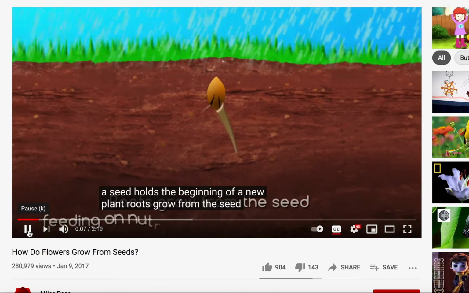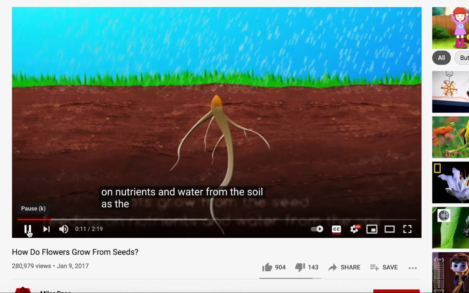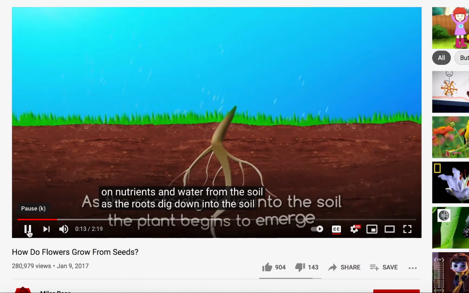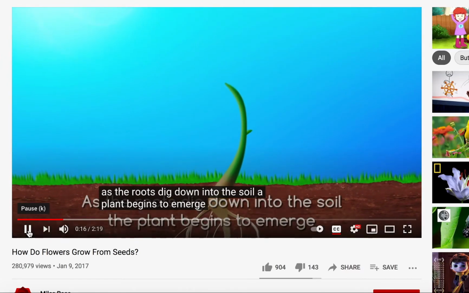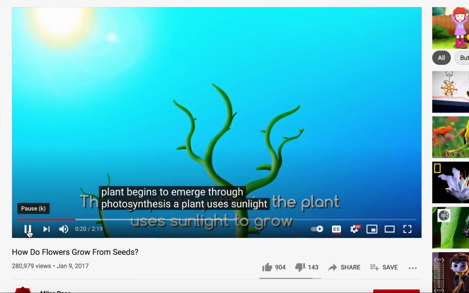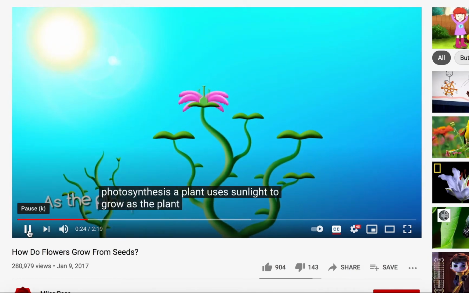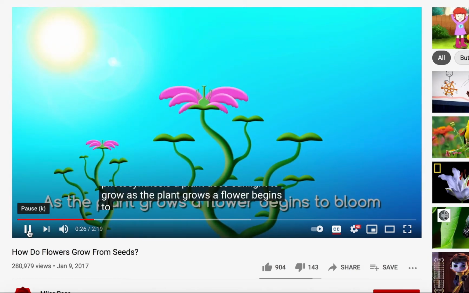Roots grow from the seed, feeding on nutrients and water from the soil. As the roots dig down into the soil, the plant begins to emerge. Through photosynthesis, the plant uses sunlight to grow. As the plant grows, a flower begins to bloom.